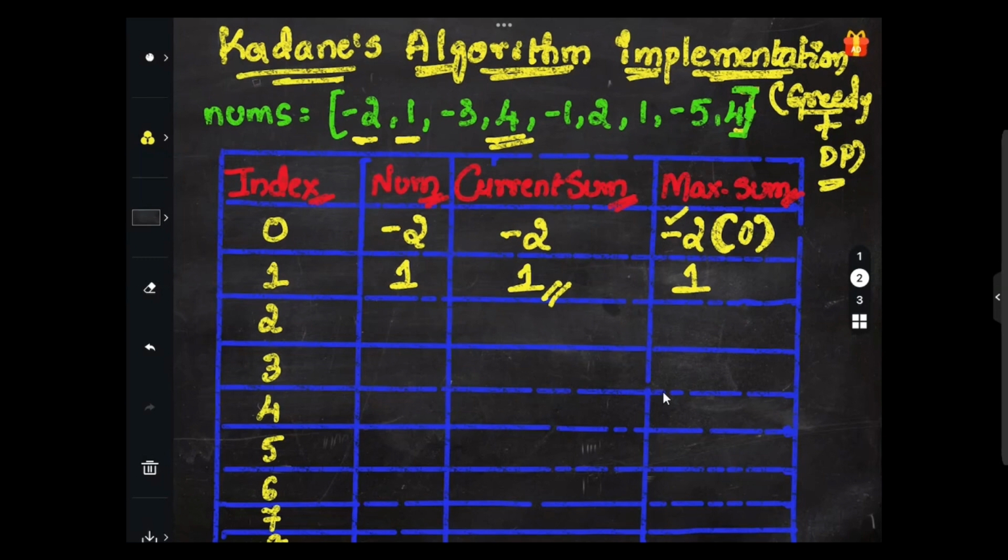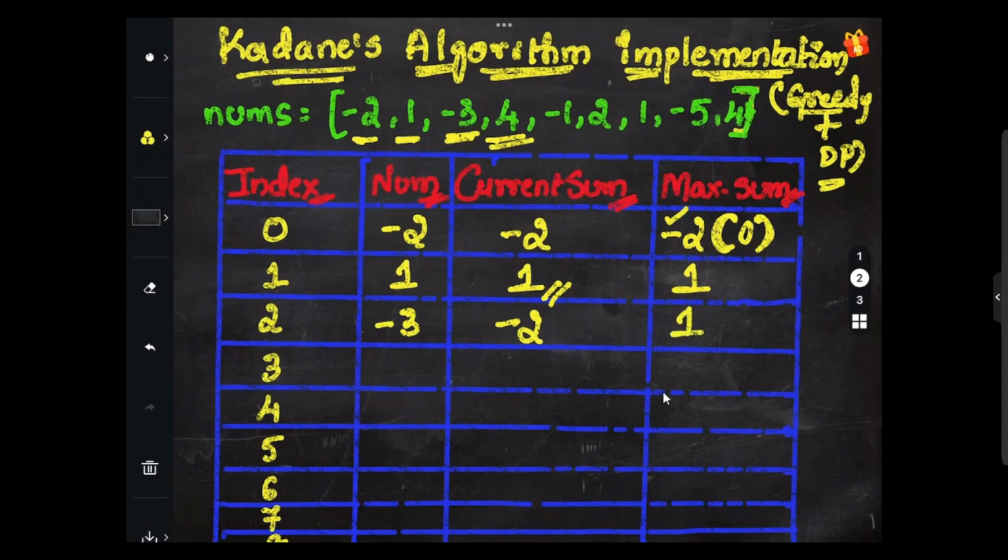For the third one, the num in this case is -3, right? -3 plus 1 is -2, so the current sum is -2. Again, the max sum will be 1 in this case.